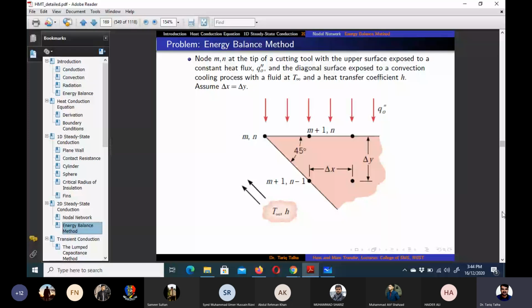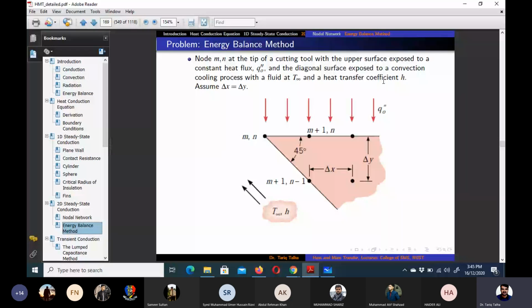Now we can see a triangular cutting tool edge. There is a node at the corner of this cutting tool edge, which is node Mn at the tip of a cutting tool, with the upper surface exposed to a constant heat flux, which is given by q naught double prime, and the diagonal surface exposed to a convection cooling process with a fluid at T infinity and a heat transfer coefficient h.